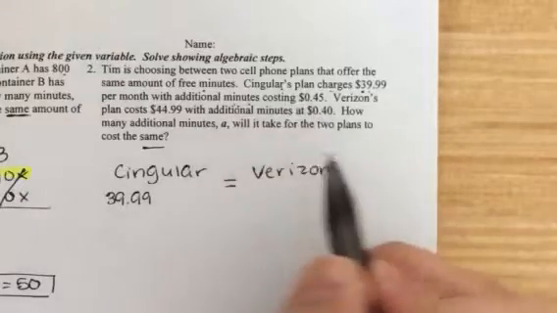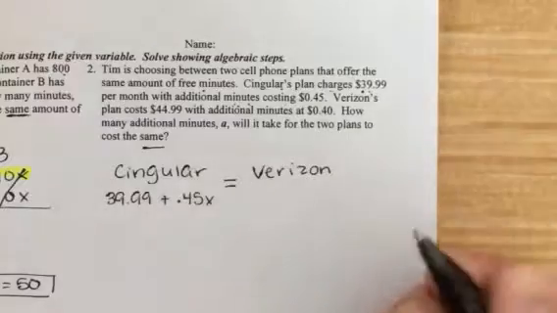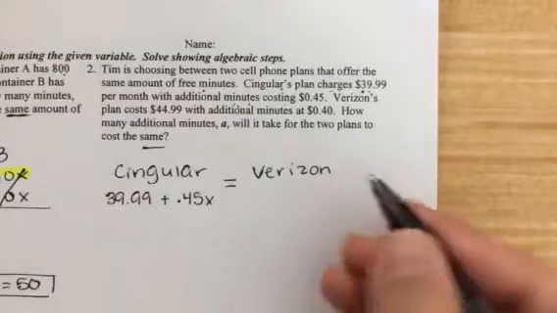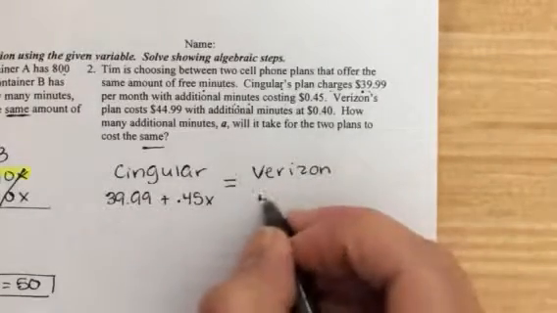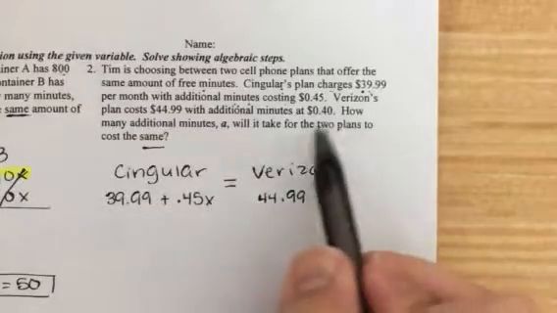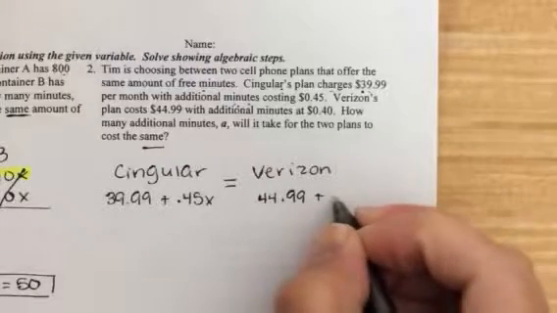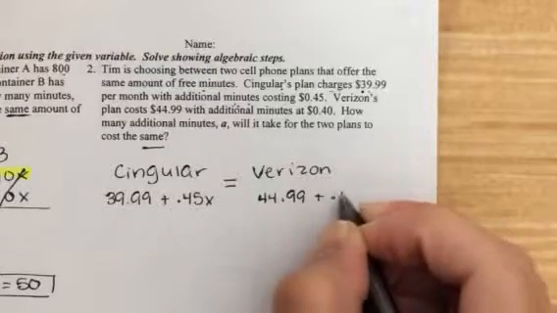And the minutes is what repeats. So that gets put with the X. Now for Verizon, the $44.99 happens 1 time a month. And additional minutes, those are what repeats, gets the variable.